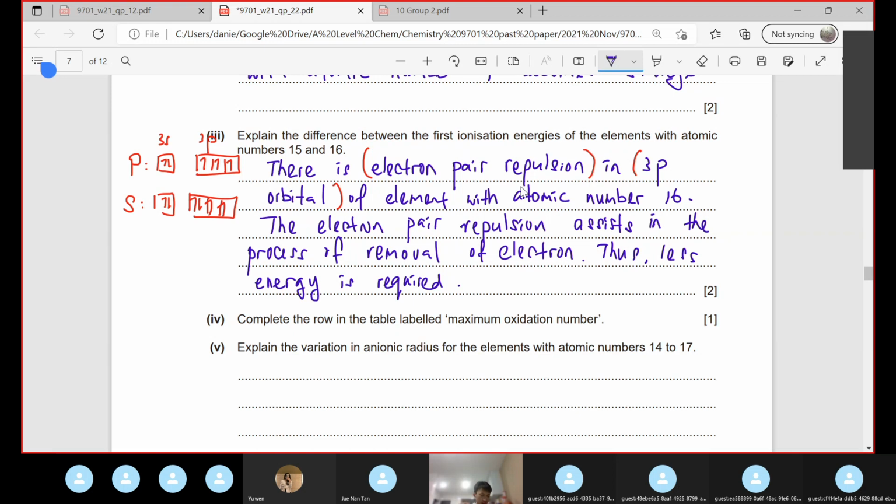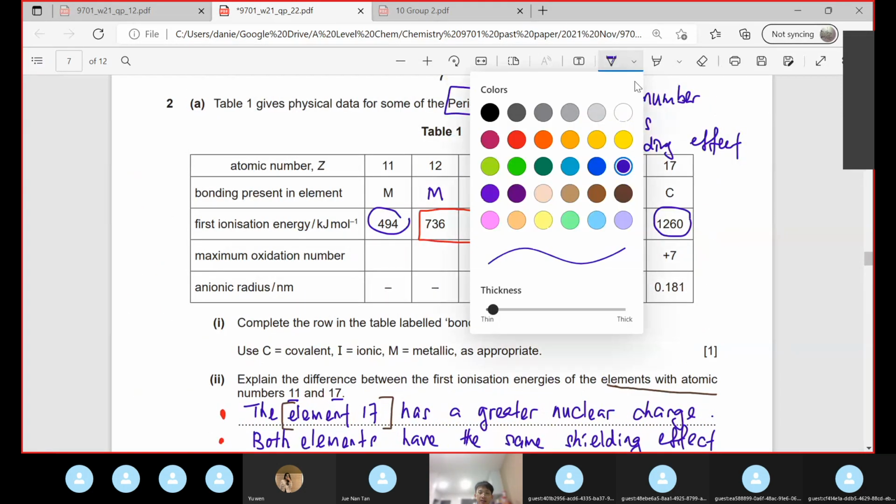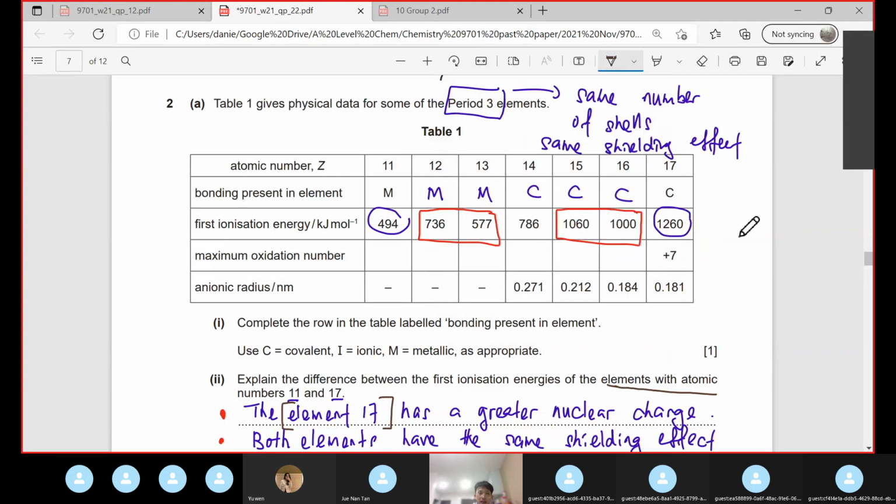Okay, then we look at number 4. Complete the row in the table, label maximum oxidation number. For this one, I believe that for 11, 12, 13, you shouldn't have any problem. I think 14, you should have no problem as well. Then most of you may have some difficulty identifying the maximum oxidation number of element 15, which is phosphorus, and the sulfur, the 16.